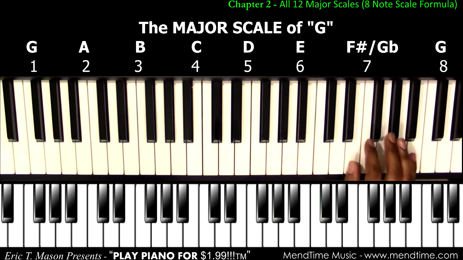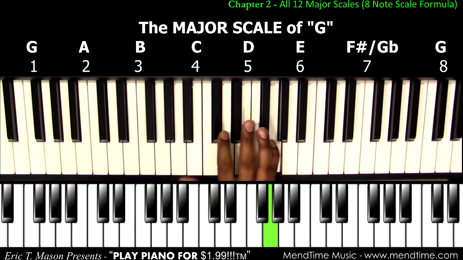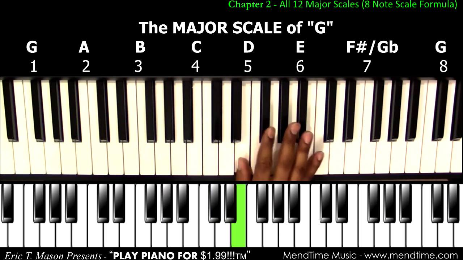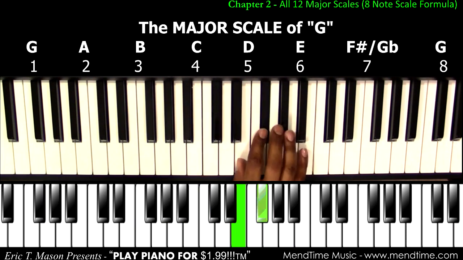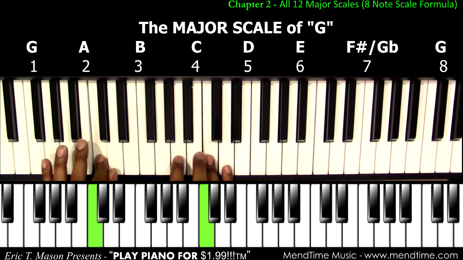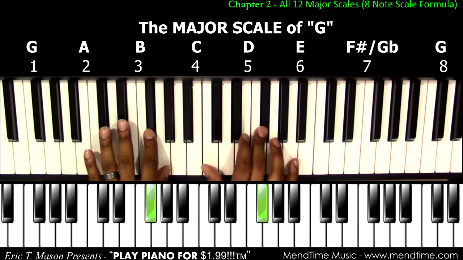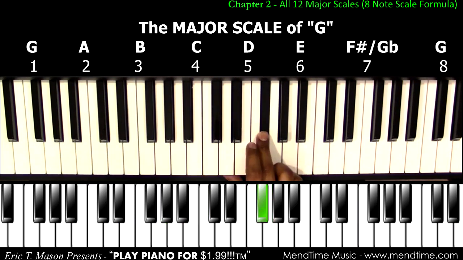C, F sharp, G flat, G. It gets a little repetitive. Once you get this foundation, you'll be able to go from one scale to the next scale effortlessly. G, A, B, C, D, E, F sharp, G flat, G. And remember, there's only 1 sharp or flat in the key of G, and that's F sharp, G flat.